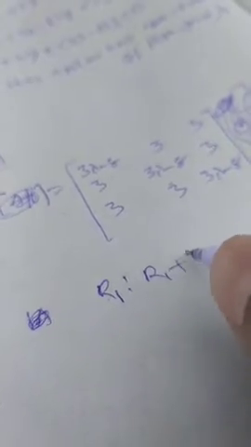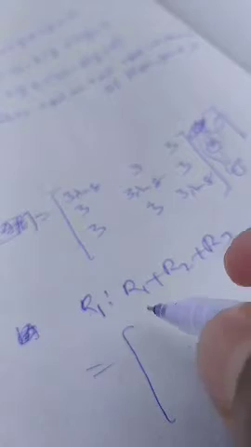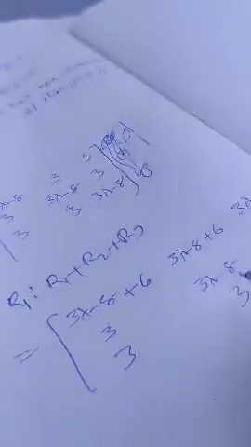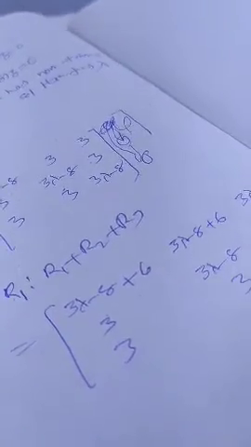So here I am changing row R1 by adding R1, R2 plus R3. What will you get? You will get 3 lambda minus 8 plus 6 in each entry of the first row, and the other rows are 3, 3 lambda minus 8, 3 and 3, 3, 3 lambda minus 8.